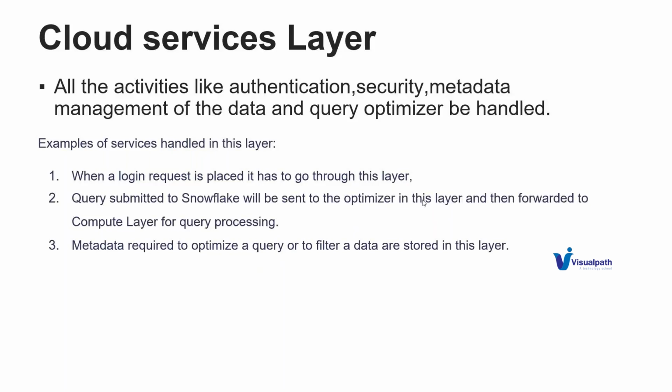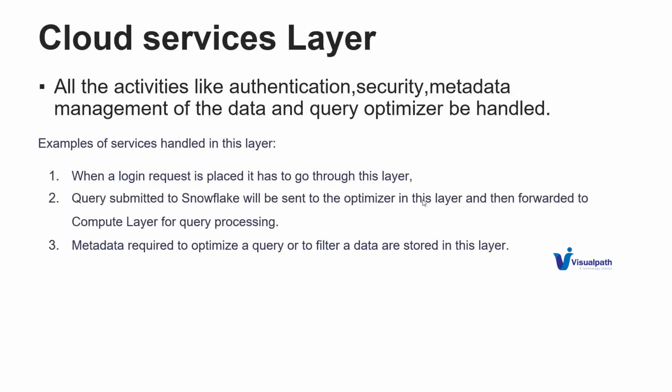Let's say this is select star from table, which is nothing but a DQL query. So it needs compute resources. That's the reason this query will be sent to the compute layer by the cloud services layer, saying, okay, this is a DQL query and we do require compute resources to bring the data from the database storage layer.